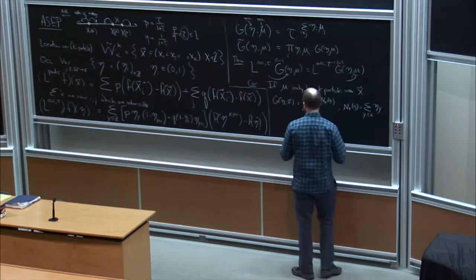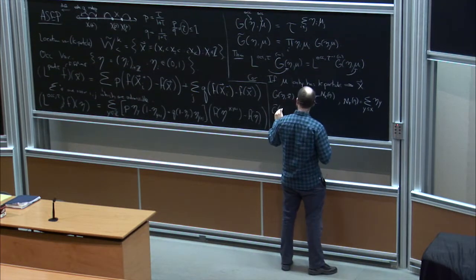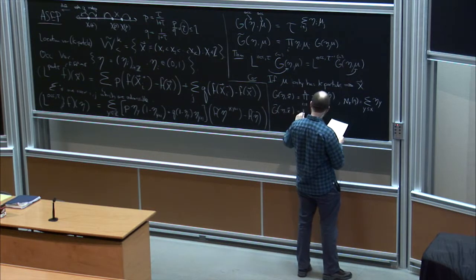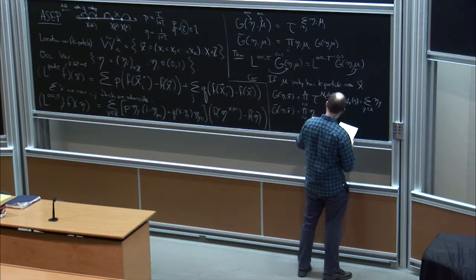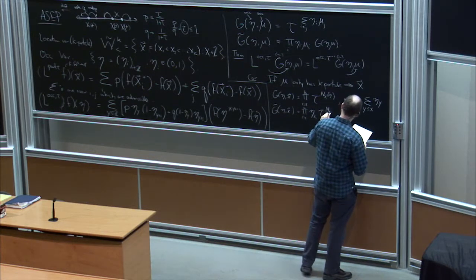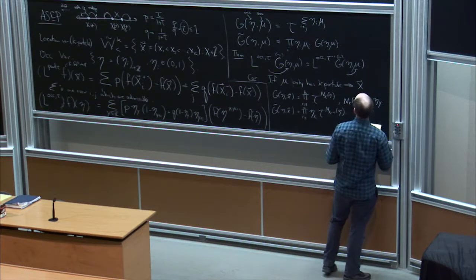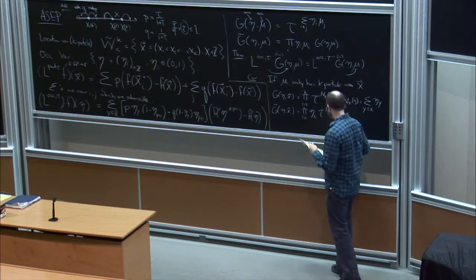And then for each x_i, I count that and I raise tau to that number. Similarly, I can define my G tilde. It's the same sort of thing, except I additionally include a factor of eta_{x_i} times this n_{x_i - 1}(eta).